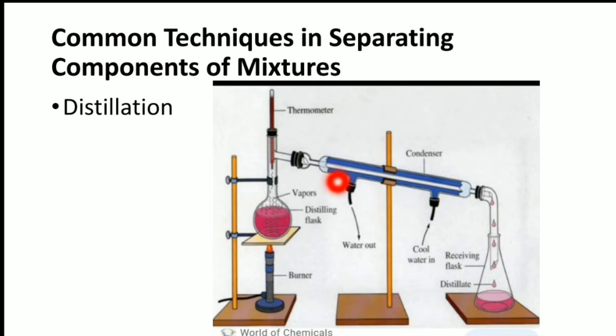This is to cool down the steam coming from the distilling flask. But of course, to increase the condensation, there must be water to get in and out. It will only help the condensation process speed up. So that's how you purify solutions or separate components from solutions.